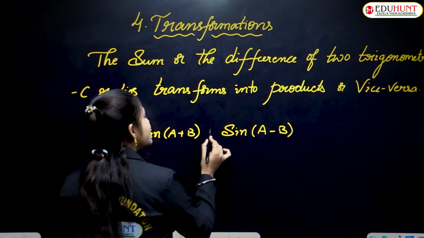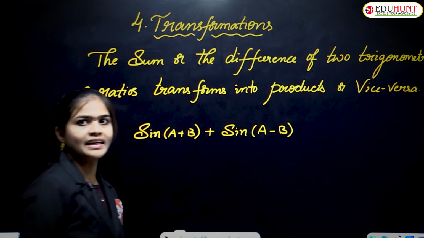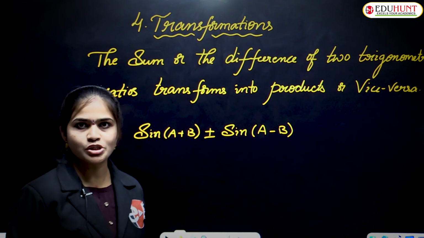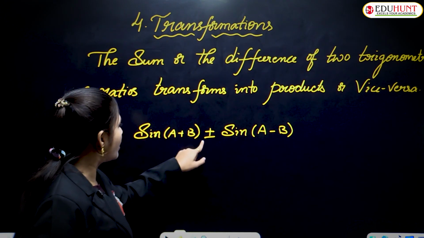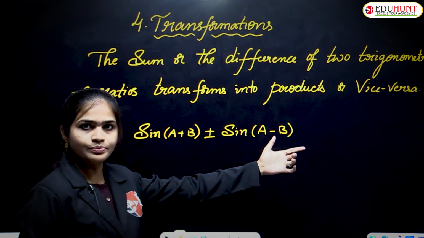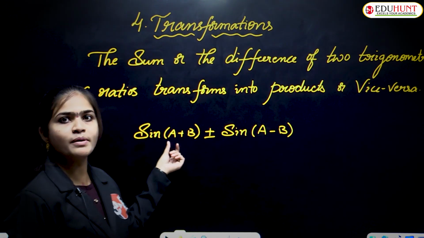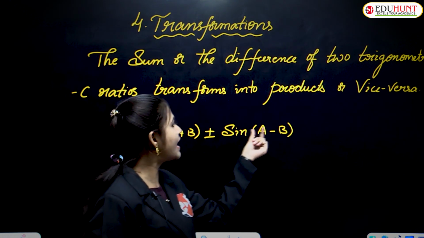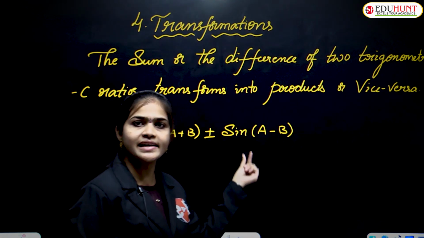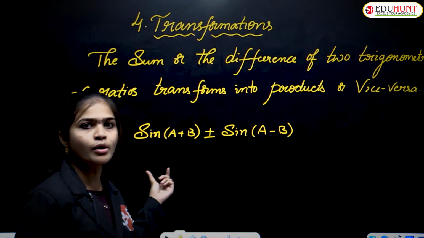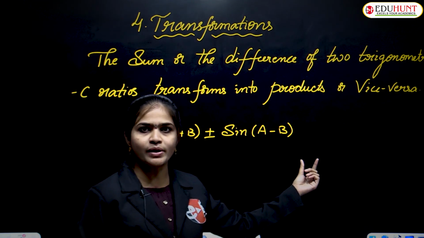Here we take the sum of these two trigonometric ratios, or their subtraction. Actually, the formula for sin of a plus b is sin a cos b plus cos a sin b, and the formula for sin of a minus b is sin a cos b minus cos a sin b. Those two are the formulas.